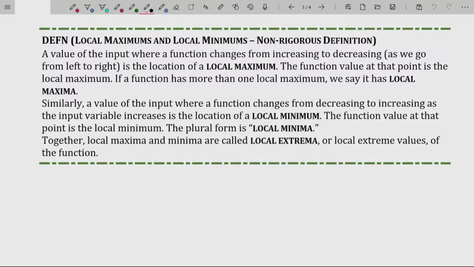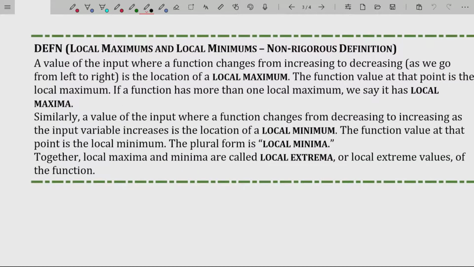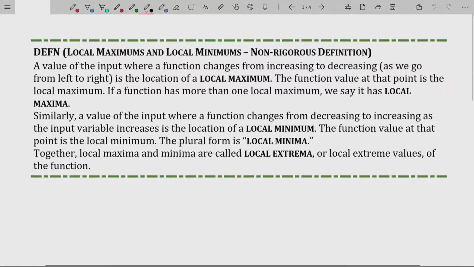We now reach a concept that is actually massively important in calculus. The idea of a local maximum or a local minimum just kind of dominates a significant portion of Calculus 1. So let's talk about this. A value of the input, so an x value for most of us, where the function changes from increasing to decreasing.